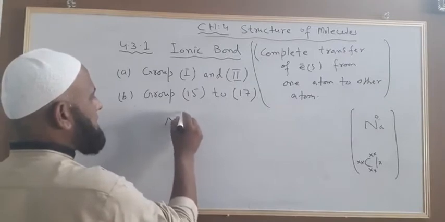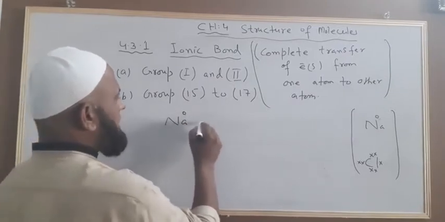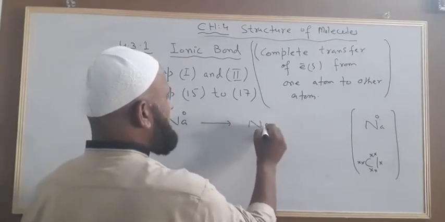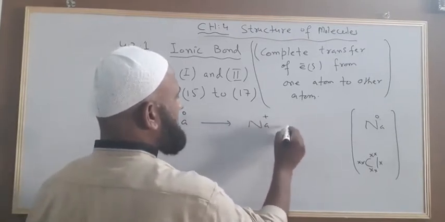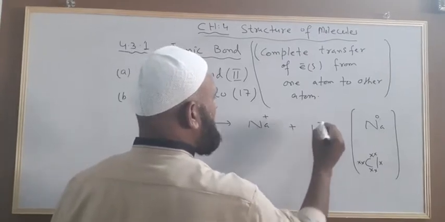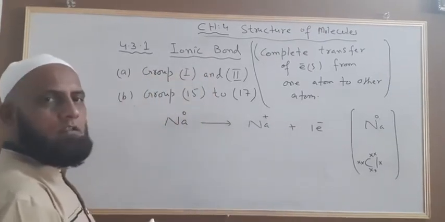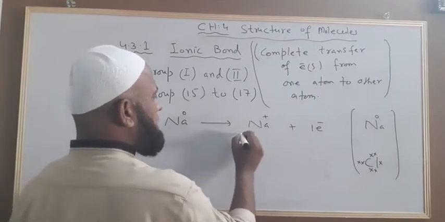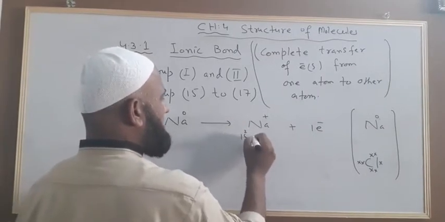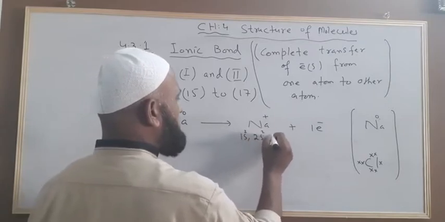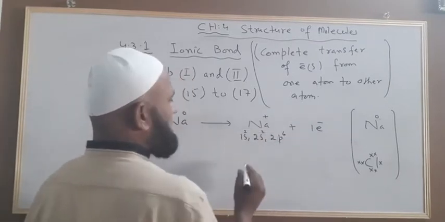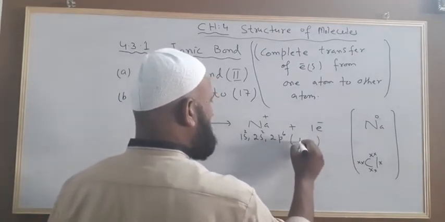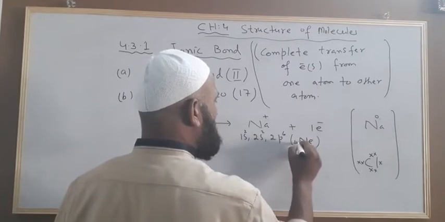When this single electron is lost by the sodium, it changes into a positive ion. So here, after losing 1 electron, its electronic configuration would look like this: 1s2, 2s2 and 2p6. This is actually the electronic configuration of neon, as its atomic number is 10.